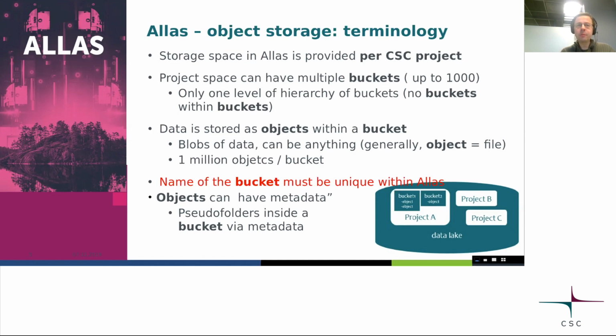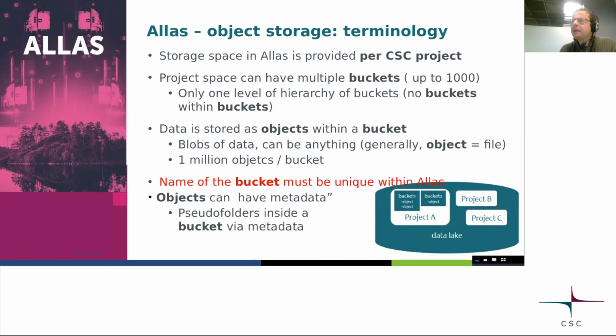And these objects that you put into these buckets can contain any data. It's a kind of static immutable data set that you put there. Typically, the system is so that one object is one file, but it's not necessarily so, and it's often not reasonable to do it so that each file would be stored in a single object, but you can do so. And that's the level: the buckets are the root directories, and then you store the data there as objects, so that the object corresponds to a kind of file.